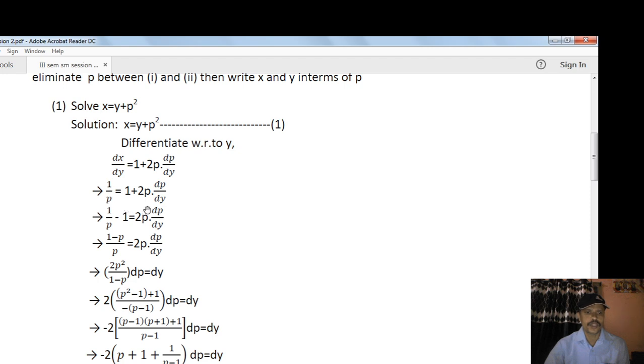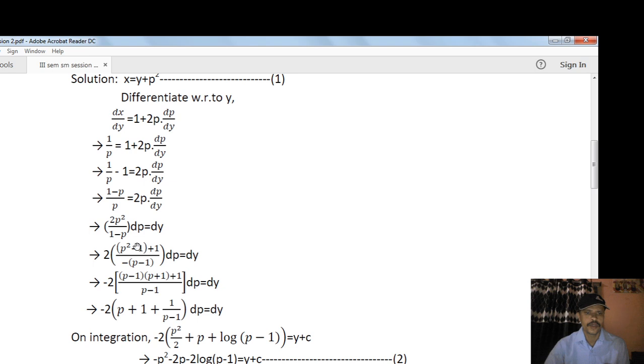Now this equation contains p and y. Separate the variables. 1 by p minus 1 is equal to 2p dp by dy. Take p LCM. 1 minus p divided by p is equal to 2p into dp by dy. And separate the variables p and y. Bring the p terms with dp.